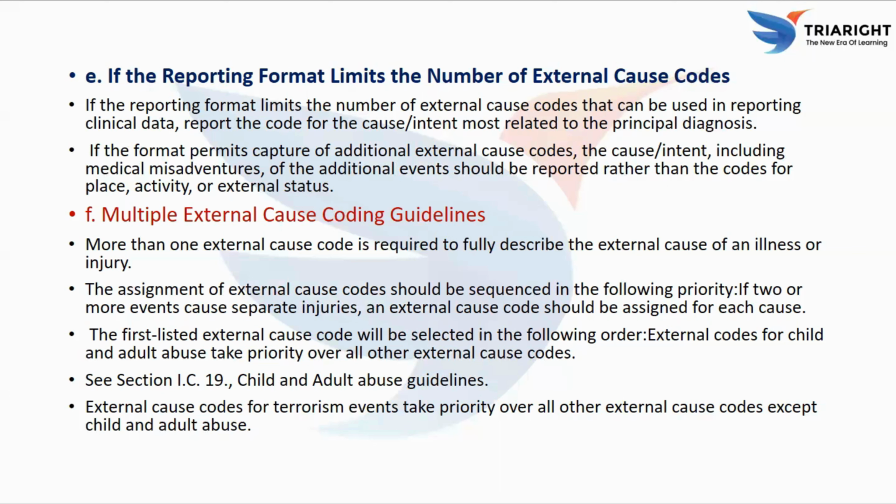Second is terrorism-related events. The external cause codes for terrorism take priority over all others, the exception being child or adult abuse, which still comes first. Third is all other external causes. Sequence is based on the cause of injury, the event sequence and the clinical relevance.